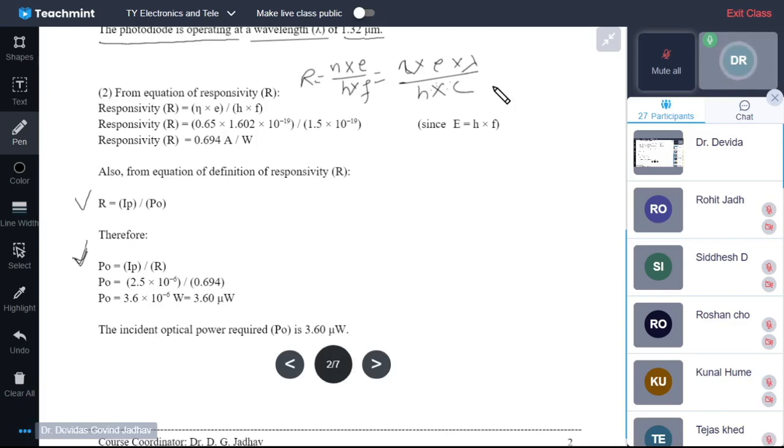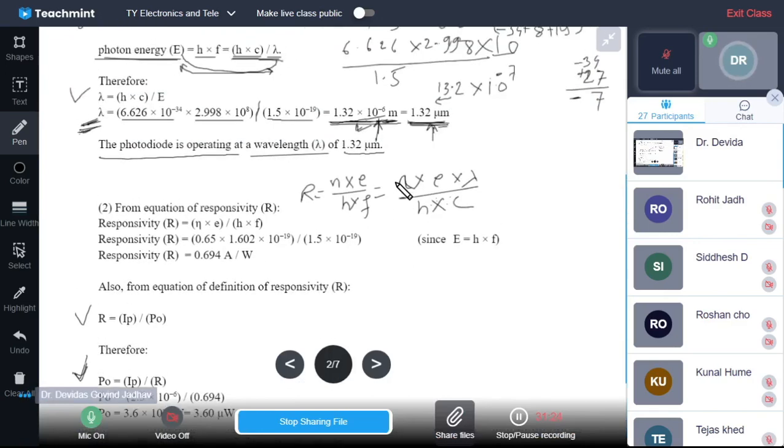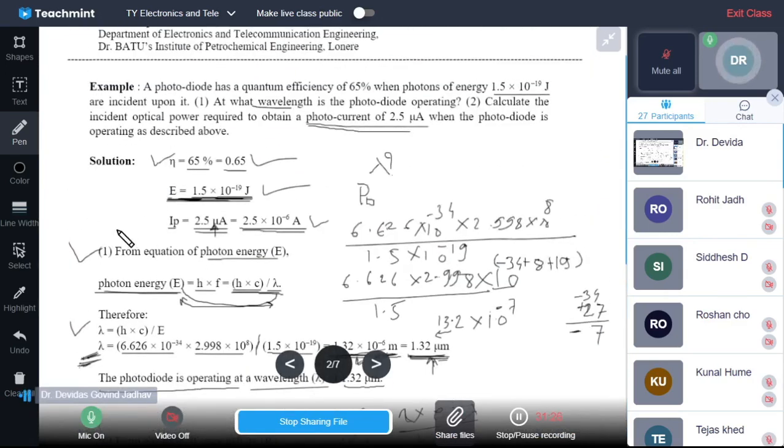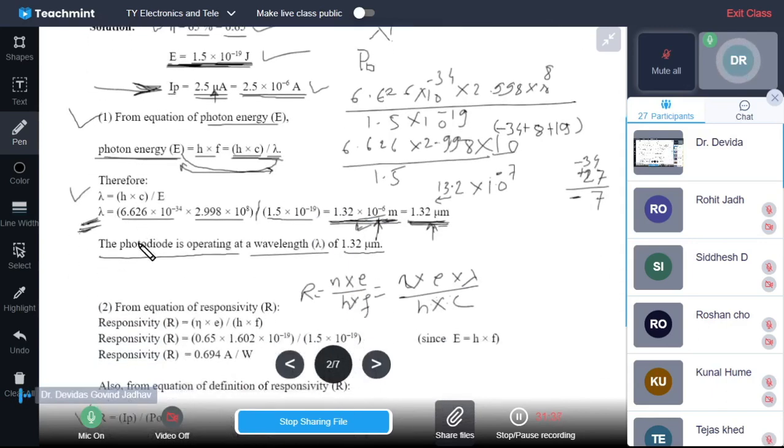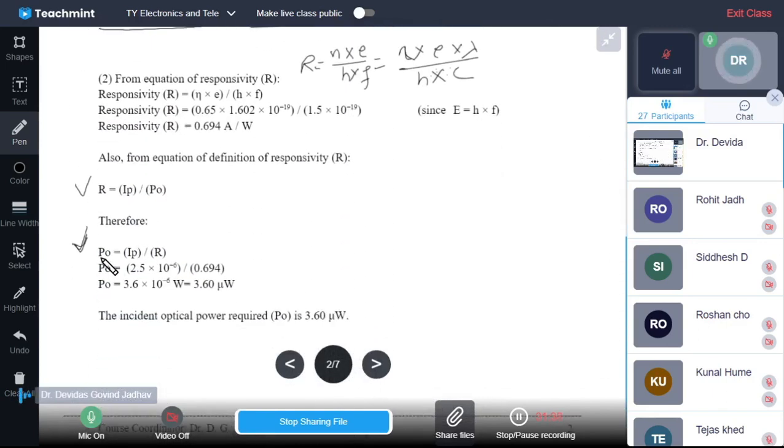We have to calculate PO. IP is known, and we can calculate PO from IP and R, because R is IP upon PO.